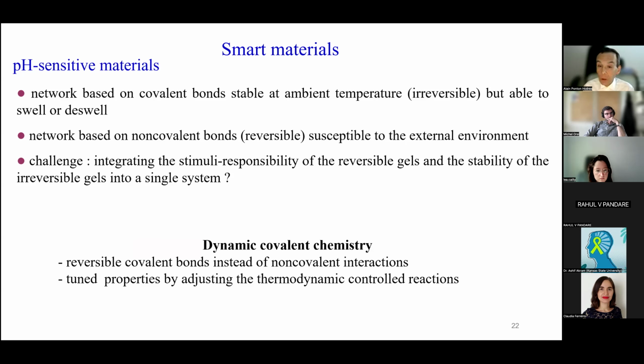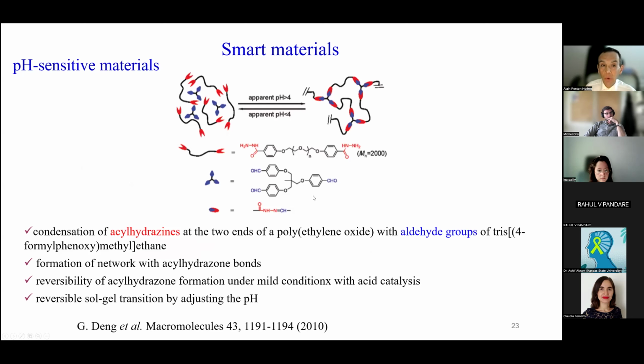And the answer is yes, due to dynamic covalent chemistry. And I will show one example. So by modification of a polymer, here you have two kinds of monomers in these polymers, to simplify, the blue one and the red one. And in this case, you can have both covalent bond and non-covalent bond.